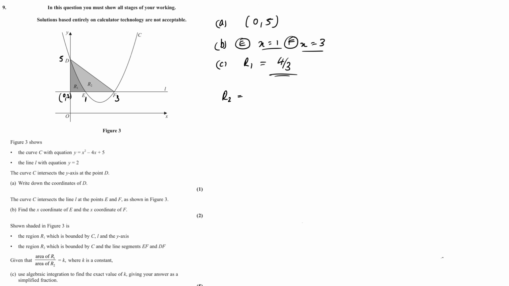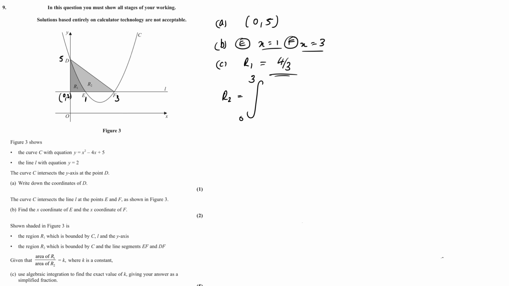Okay, so R2, again, we're going to integrate this one between 0 and 3. Now, to do this method, what I really need is the equation of that line DF. I'm going to do this in green so you can see.